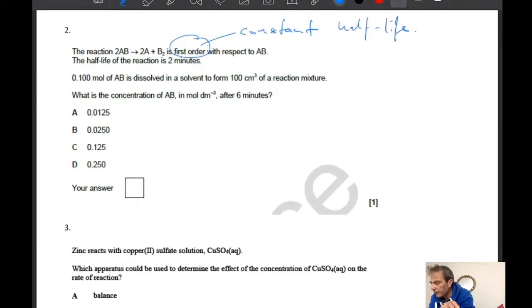So basically every 2 minutes the concentration will halve from the value that it was originally at. Notice this is given in moles. So we've got 0.1 moles of AB dissolved in a volume of 100 cm cubed, and we want to know the concentration.